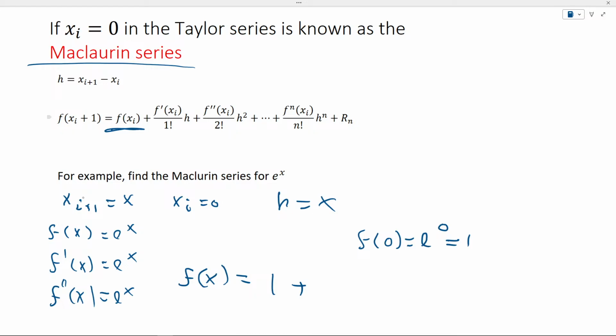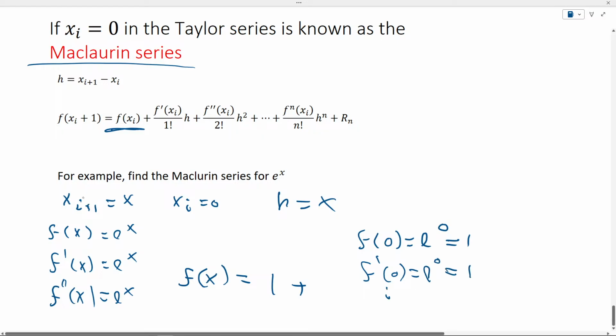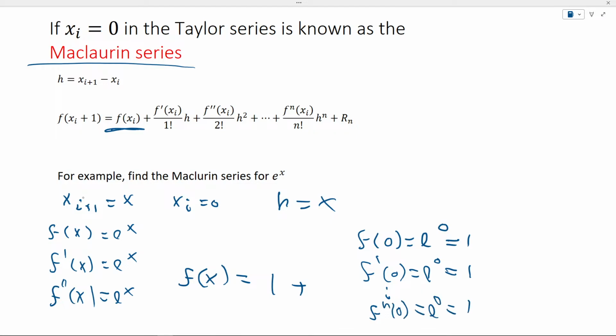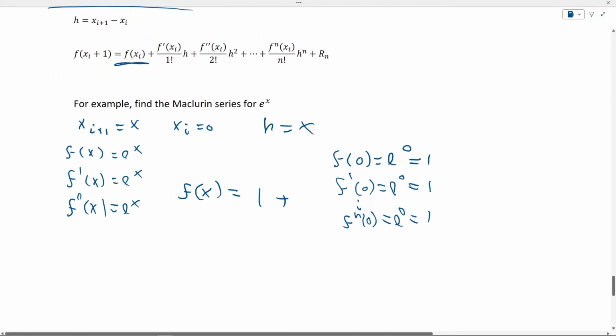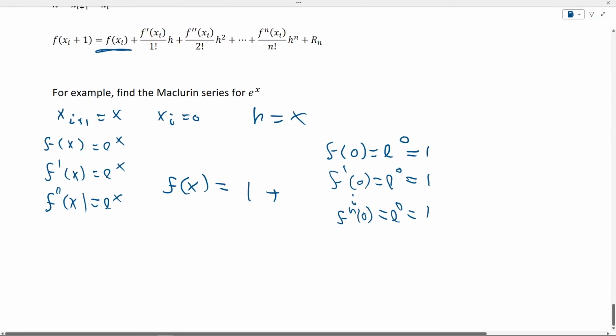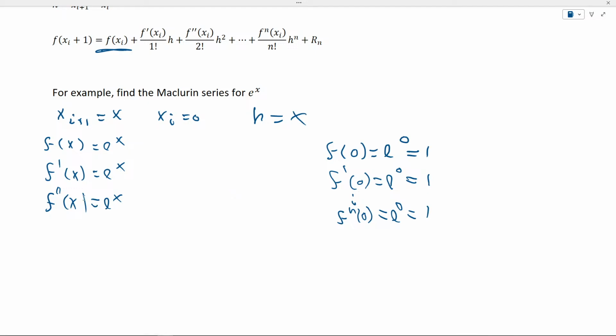So the first derivative, that's f partial at 0, so that would be e to the power 0, that's 1. So my first derivative, my second derivative, my nth derivative at 0, all of them would be equal to 1. Okay, so now let's put all this information together and see what we will get.